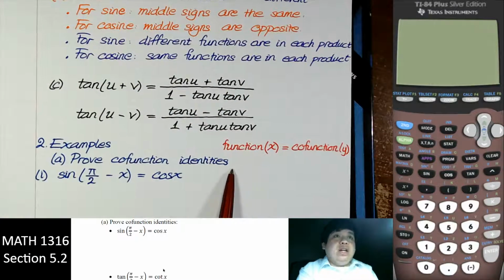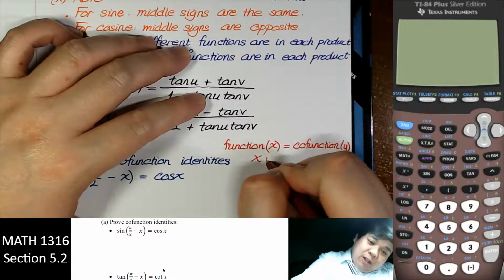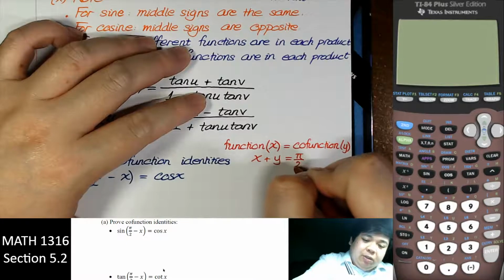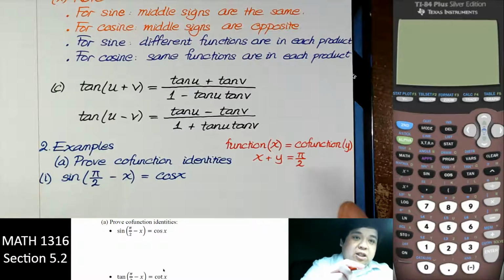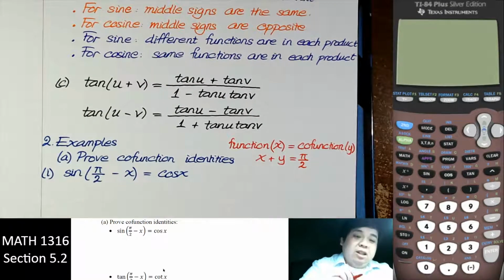If we have a function equal to a co-function, then x plus y have to be equal to pi over 2, meaning they are complements of each other. So we go from a function to a co-function like sine, cosine here.